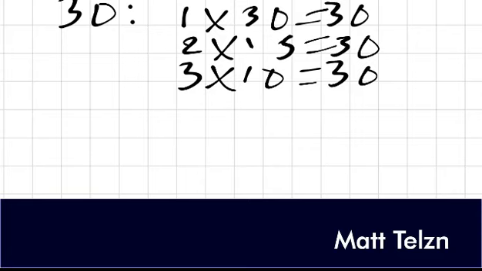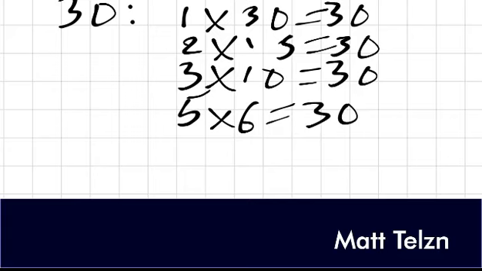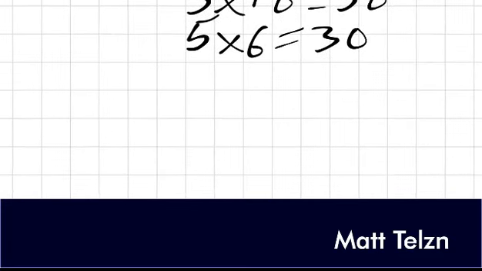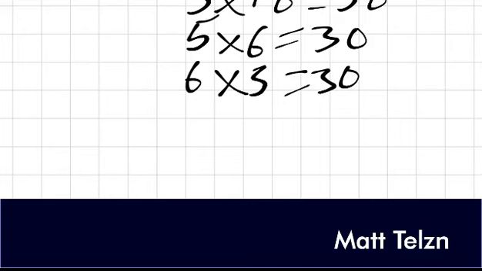You move to the next number, which is 5. 5 times what will give me 30? 5 times 6 will give me 30. That means 5 and 6 are factors of 30. Similarly, I will have 6 times 5, which will give me 30. All right.